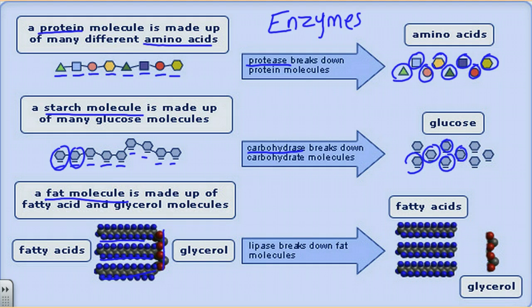And for fats, we can use the enzyme lipase to break that down so that we have the fatty acids broken away from the glycerol molecule. Again, this whole process of digestion is just to break the complex molecules into their individual forms. Proteins can be broken down to amino acids, starch molecules can be broken down to sugar, glucose for example, and fats or lipids can be broken down to fatty acids.